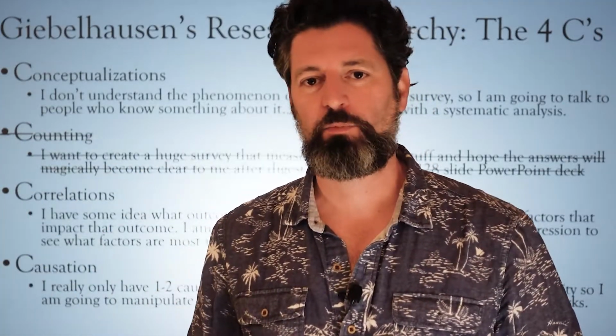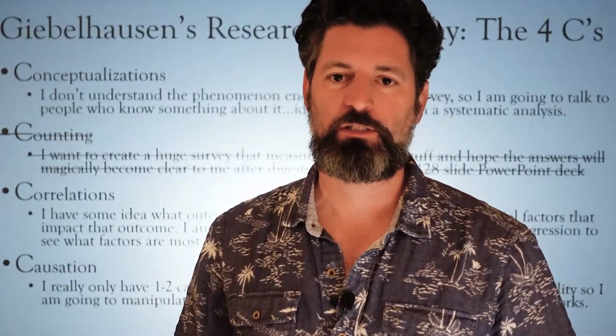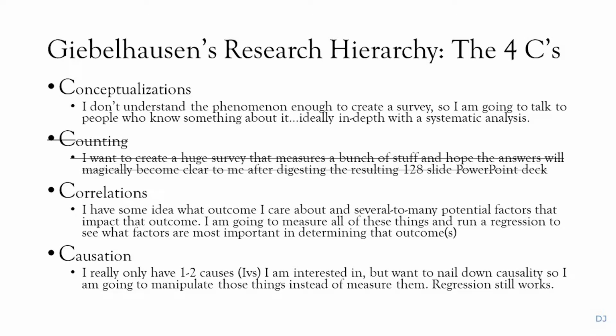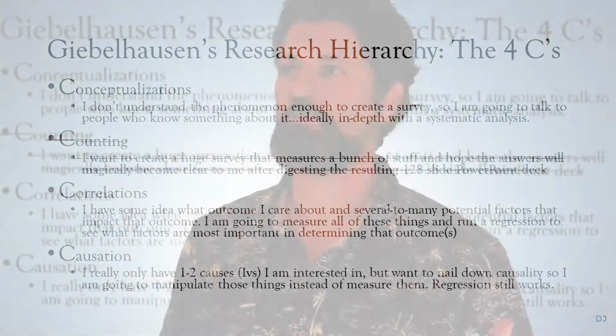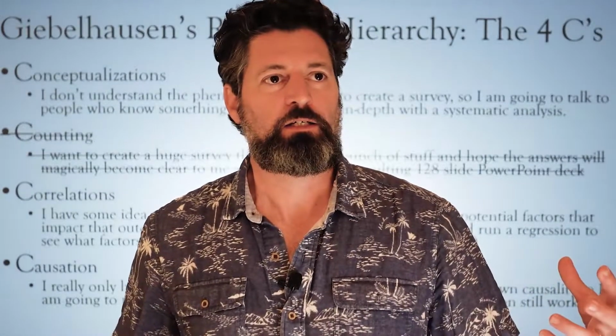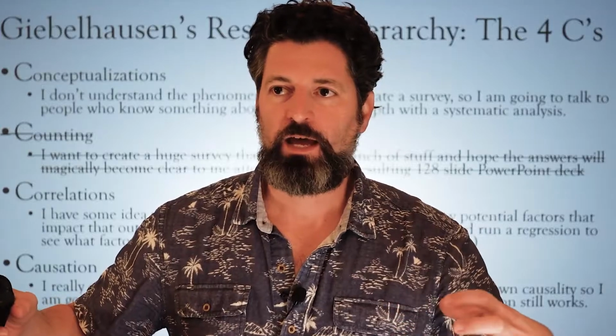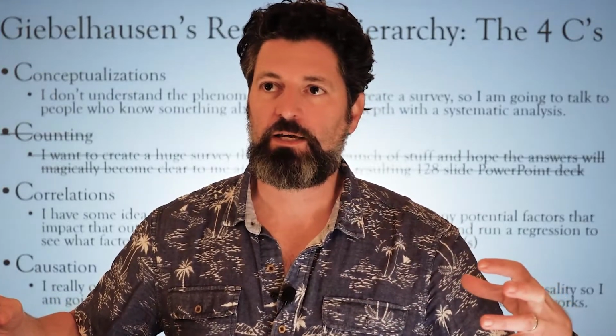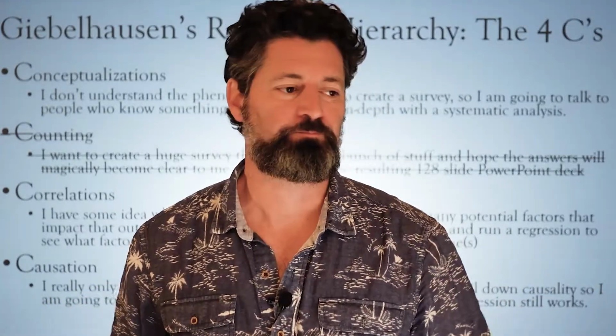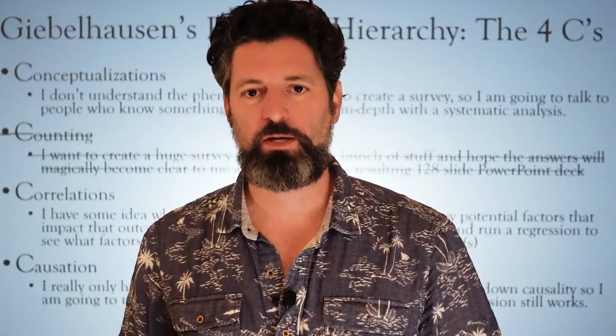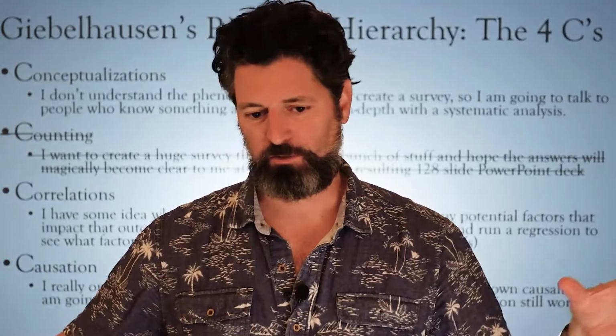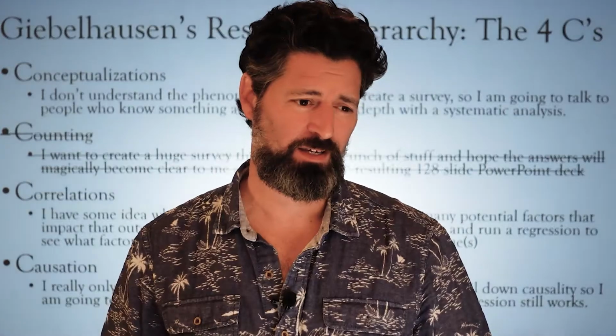Moving up the hierarchy a little bit, we move into counting research. Counting research is what most marketing research actually ends up looking like. So counting research is deciding that we have a situation as a company that needs clarity, getting all the decision makers and stakeholders in a room, and everybody starts throwing questions onto a giant survey.